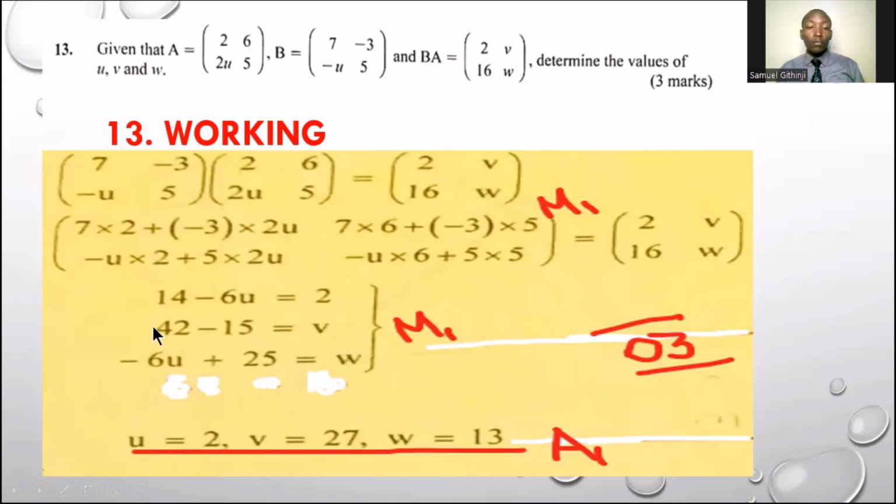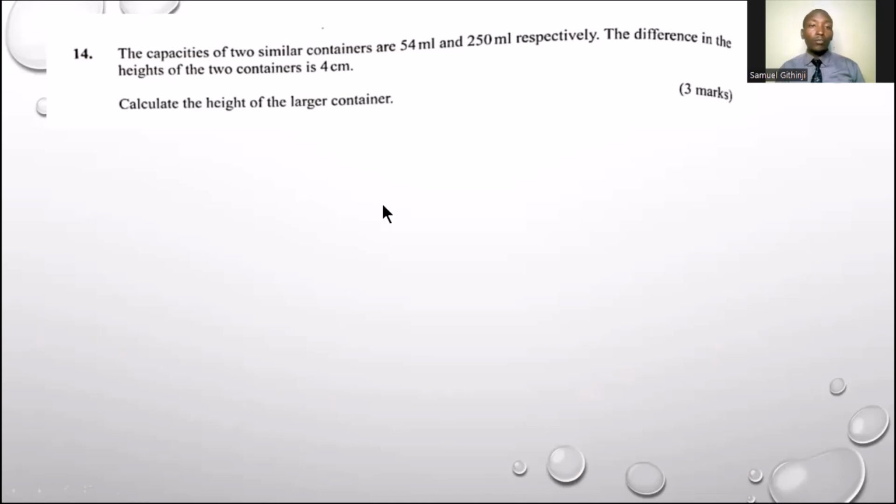V will be 42 minus 15, 27. The other one, I already have obtained u. So w will be negative 12 plus 25. That is 25 minus 12. That is 13. And basically, my student, that is how you are to solve number 13. Good. We are good to move to question number 14.